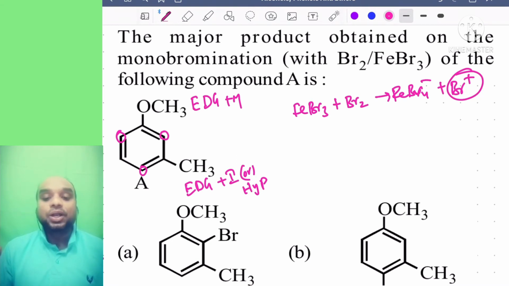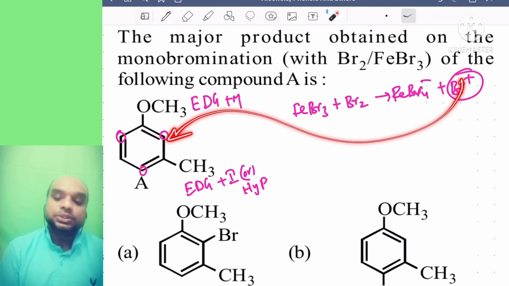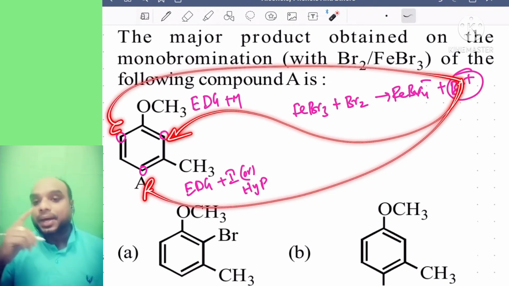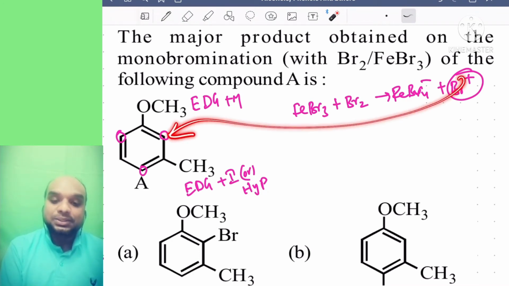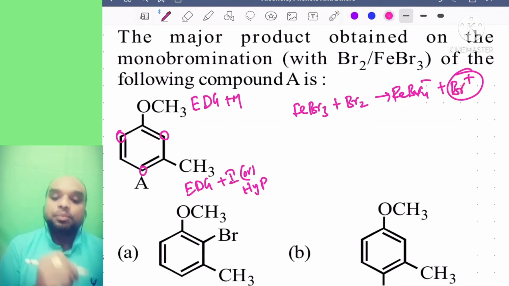That electrophile will attack at either the ortho or para positions. Here the Br won't attack in this place. It is not possible, the reason being steric hindrance.